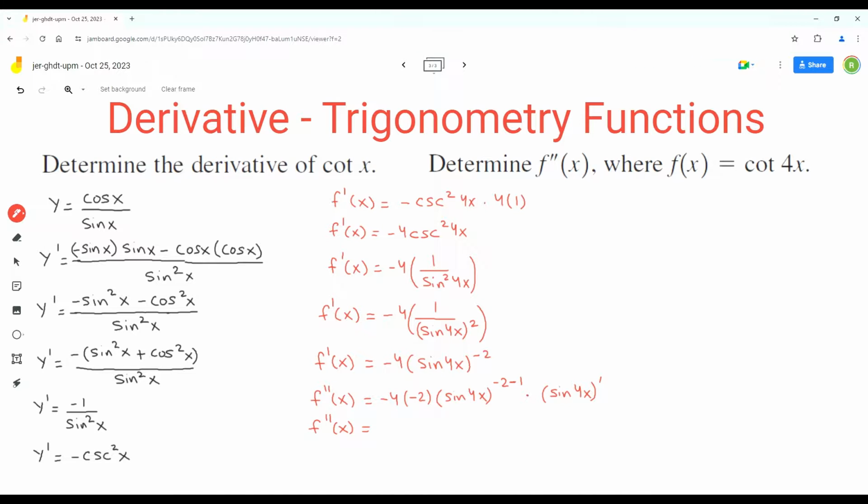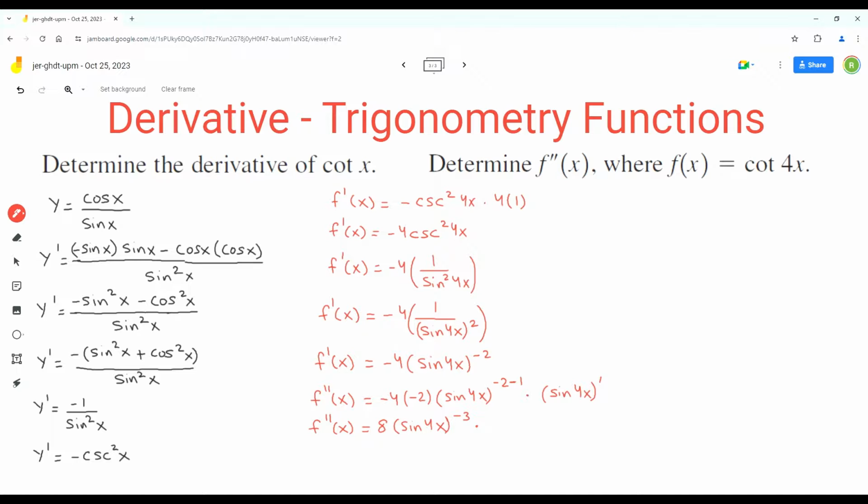So in the next step, negative 4 times negative 2 is equal to 8. And in the exponent, negative 2 minus 1 is equal to negative 3. And now we can find the derivative of sine 4x. So we'll have to use chain rule.